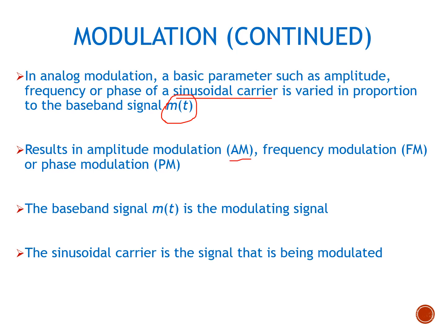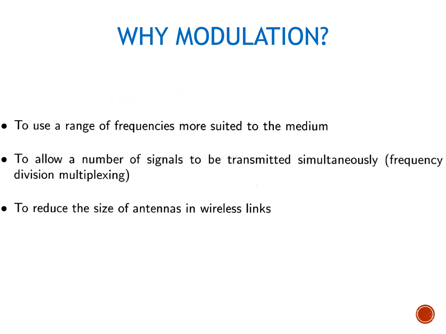If it's the frequency or phase we are varying, then it's called FM and PM. In this case, the baseband signal m(t) is called the modulating signal, and the carrier is the signal that is being modulated.